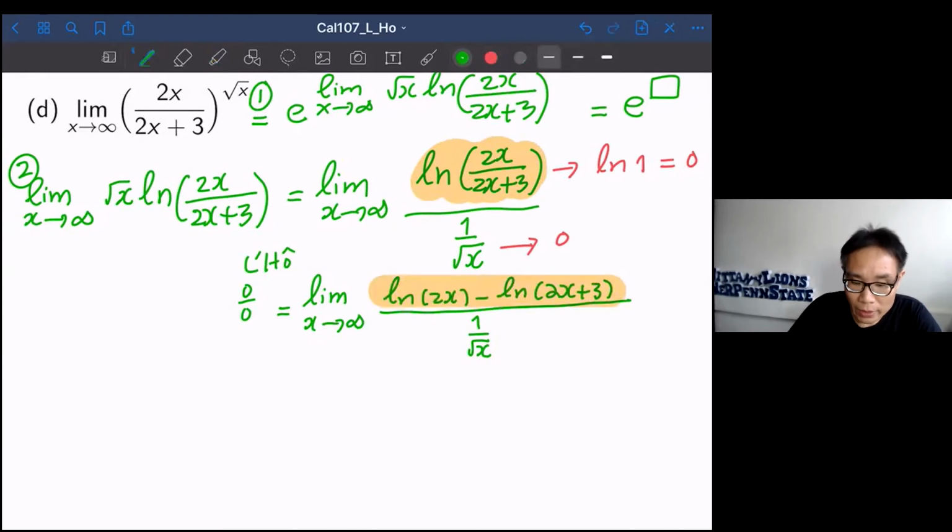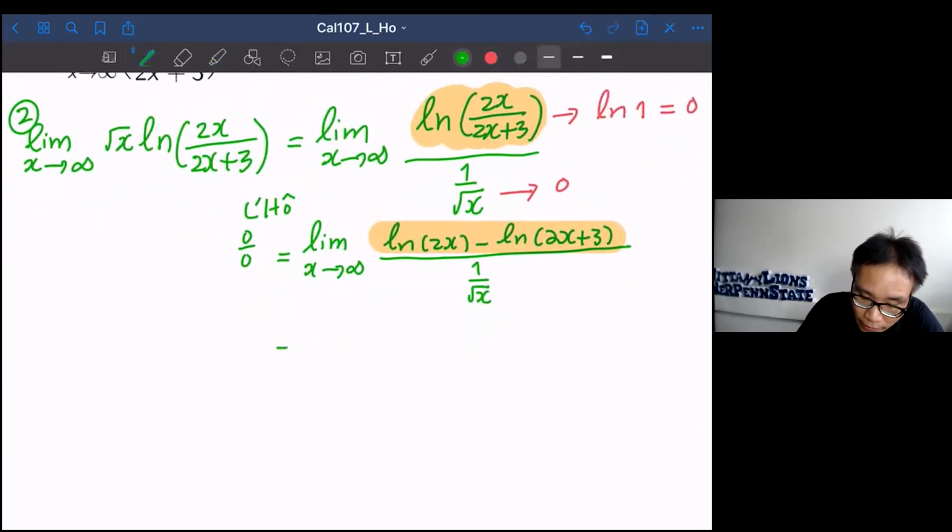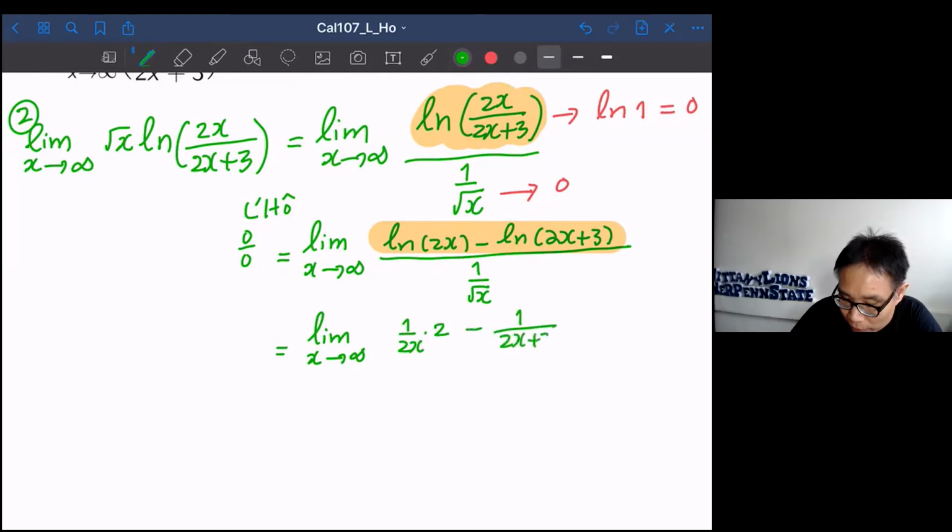And then this will be limit x goes to infinity, and you differentiate: it's going to be 1 over 2x times 2, minus 1 over 2x plus 3 times 2 also.